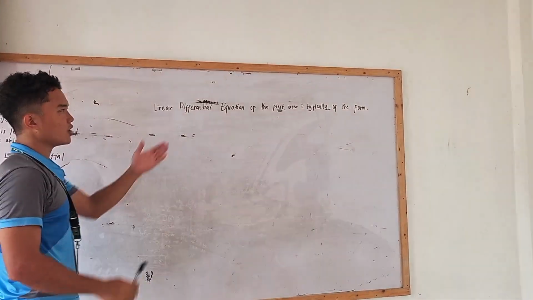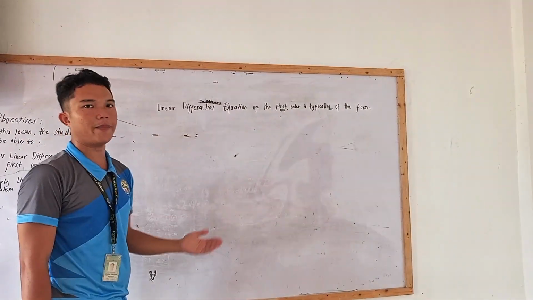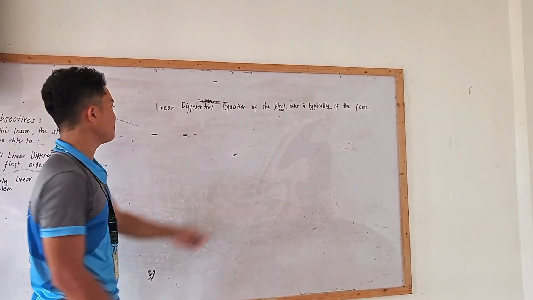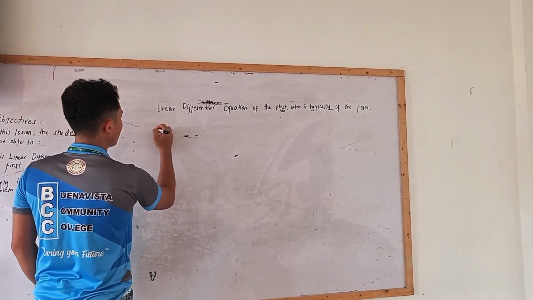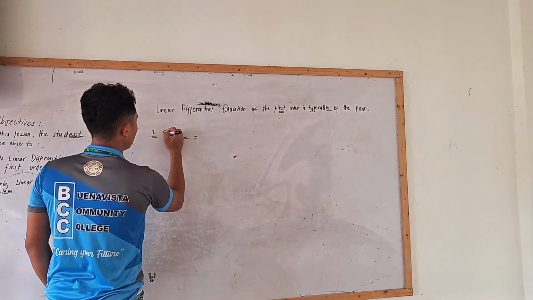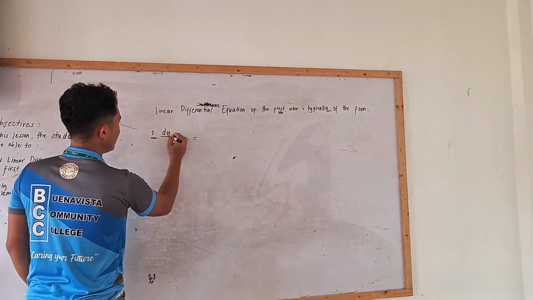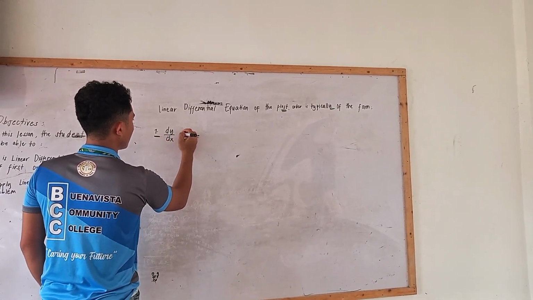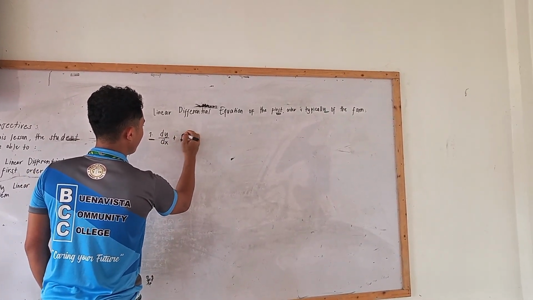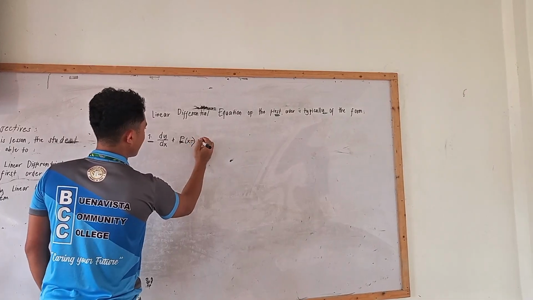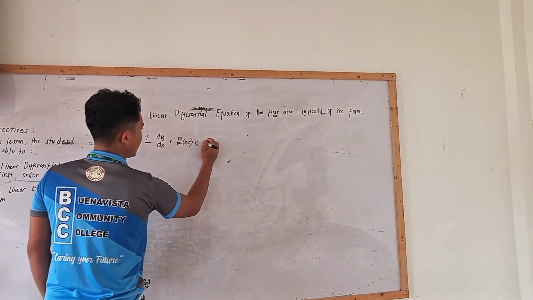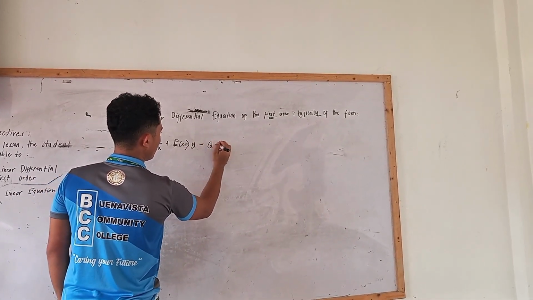Linear differential equation of the first order is typically of the form, number 1 formula, dy over dx plus p of x times y is equal to q of x.